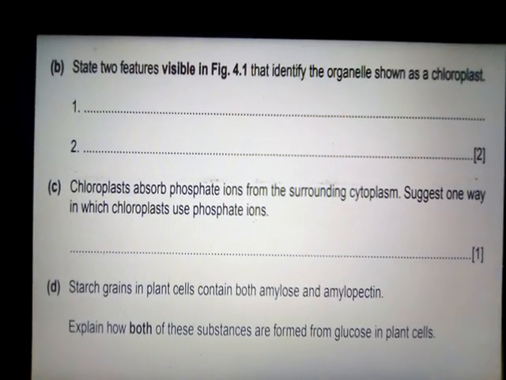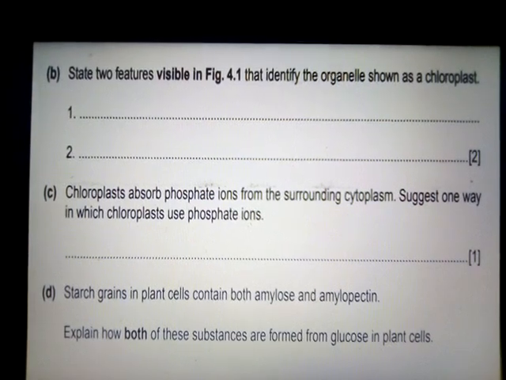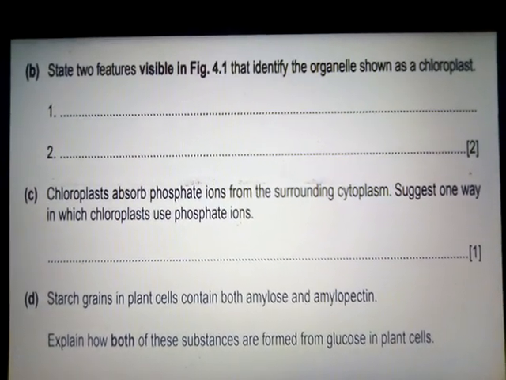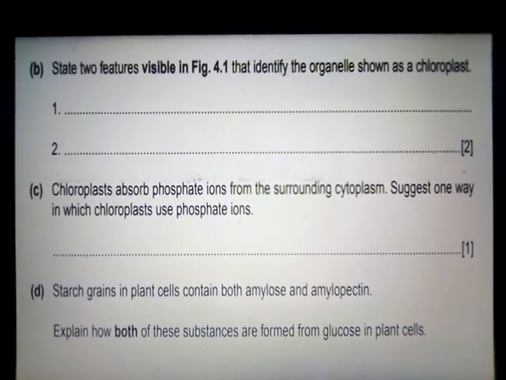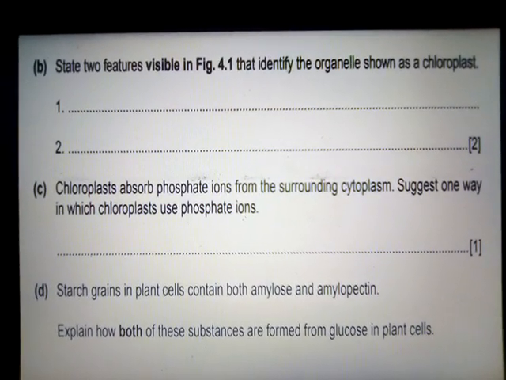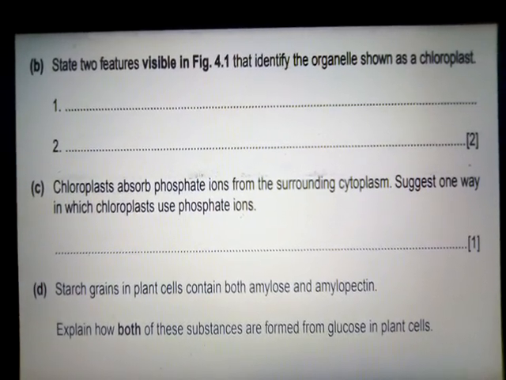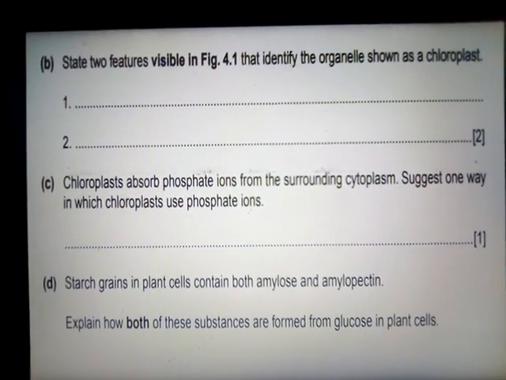State two features visible in the above diagram that identify the organelle shown as a chloroplast. Chloroplasts absorb phosphate ions from the surrounding cytoplasm. Suggest one way in which chloroplasts use phosphate ions.